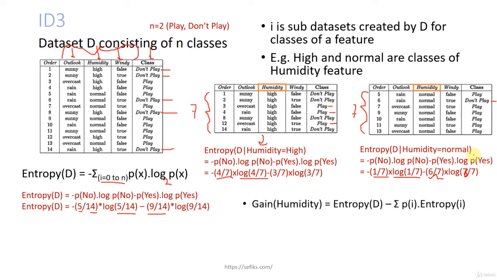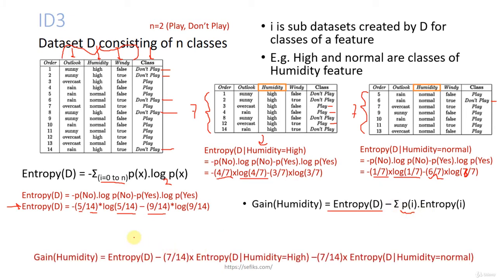Then we are going to calculate the information gain for the humidity feature. That will be the global entropy, which we have calculated here, minus probability of the subclass times its entropy. Let's calculate it.